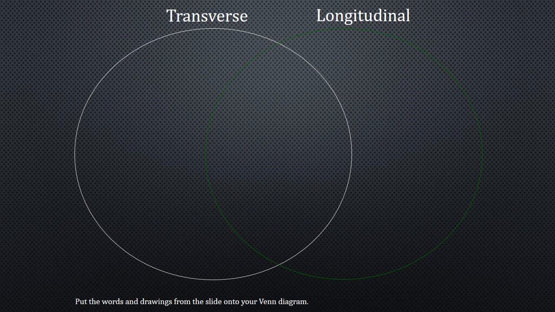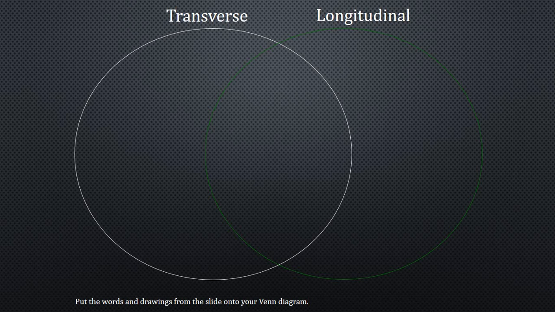What I'd like you to do now is to draw yourself a large Venn diagram into your books or in your notes. I'm going to display on this PowerPoint and the next slide a series of words and drawings which I want you to put in either the transverse or the longitudinal part, or in both. Now some of it may not be obvious, some of it you may have to find out for yourself if you're not quite sure.